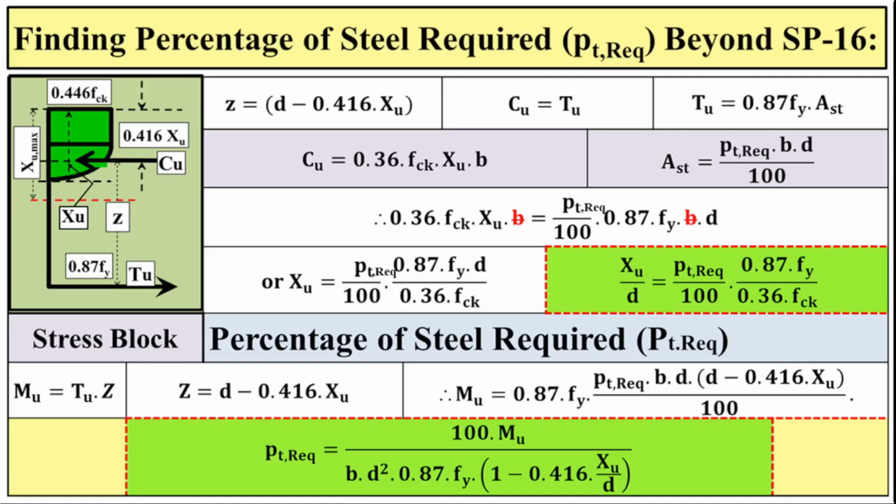Finally, rearranging to solve for PT required, PT required equals 100 into Mu by B into D square into 0.87 Fy into 1 minus 0.416 XU by D. Next, the boundary conditions for the design of a singly reinforced section will be discussed.